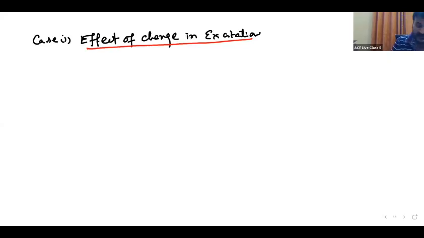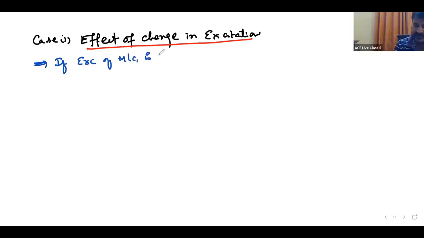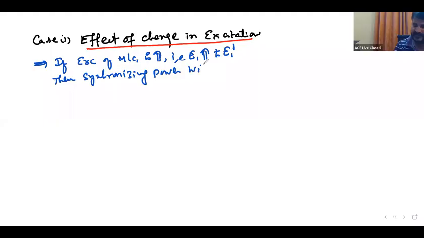Effect of change in excitation: if excitation of machine 1 is increased, that is E1 increases to E1 dash, then the synchronizing power comes into picture, which is reactive power.